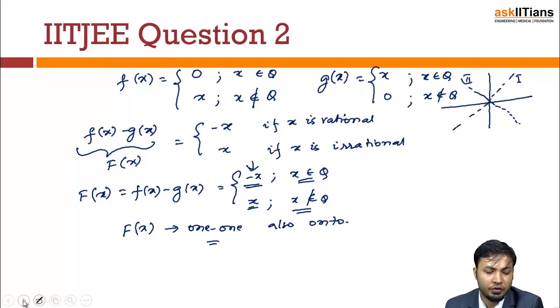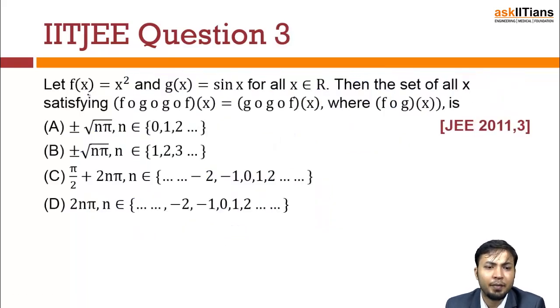In question number 3, I have f(x) equal to x square and g(x) equal to sin x for all x belonging to R. Now I need the set of all x satisfying f of g of f(x) equal to g of f(x).